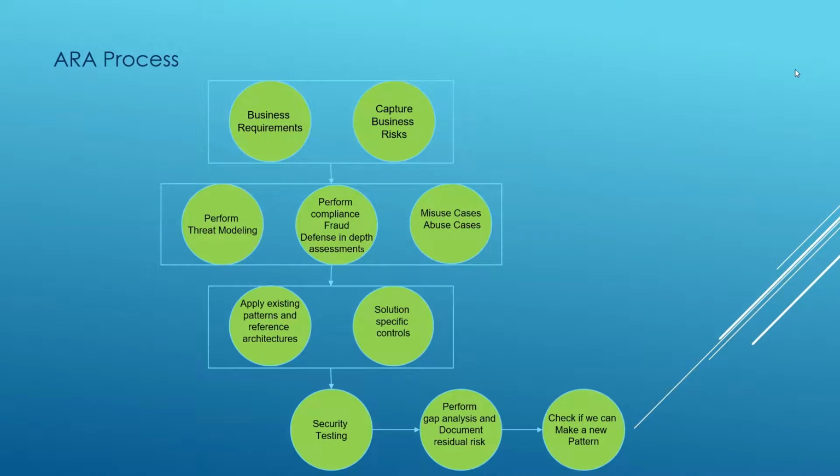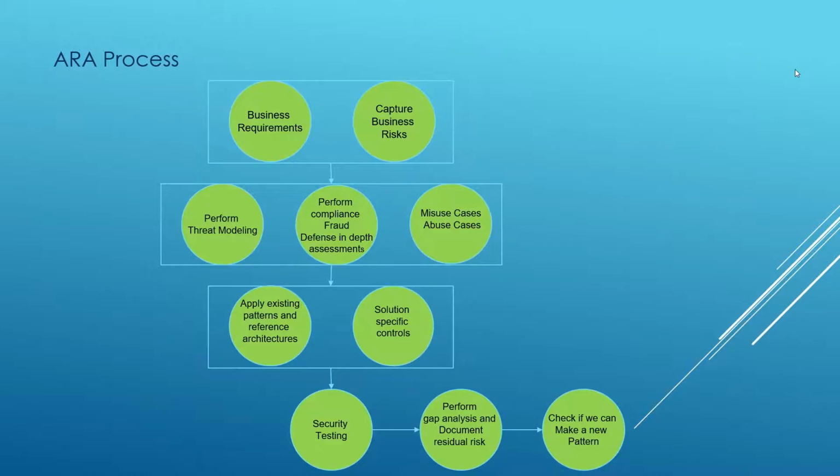So now let's talk about the architecture risk analysis process. Before you come to the architecture risk analysis process, you need to have a strong understanding of the capabilities of the organization. You need to have good control on the patterns and the reference architectures.